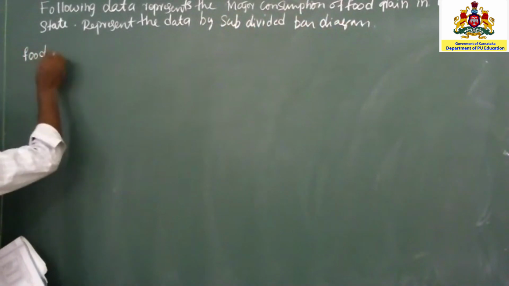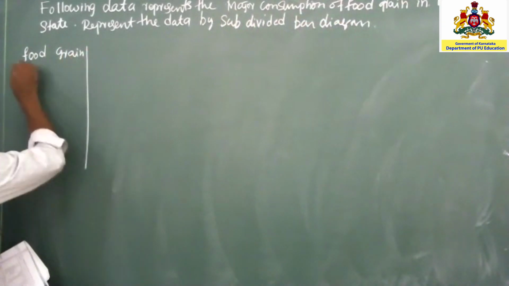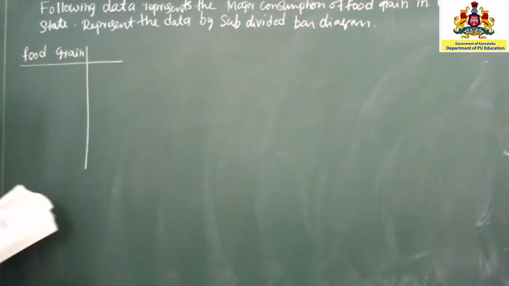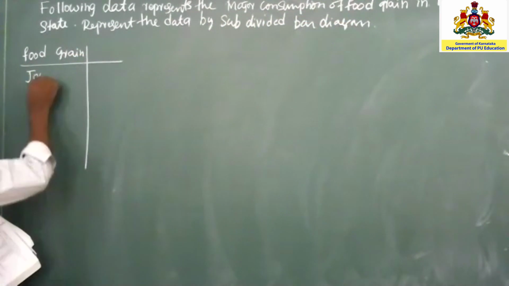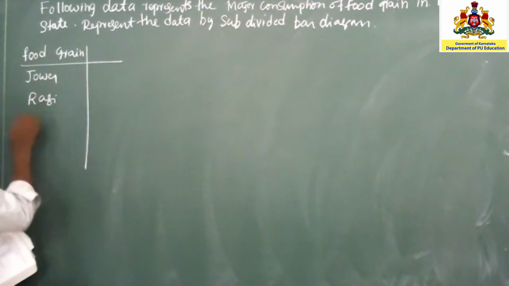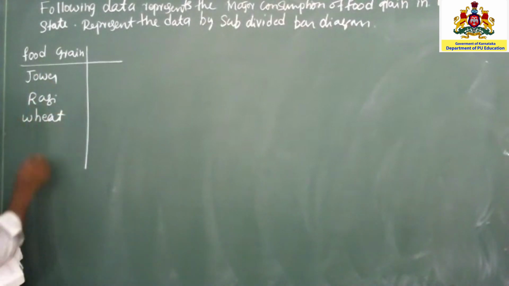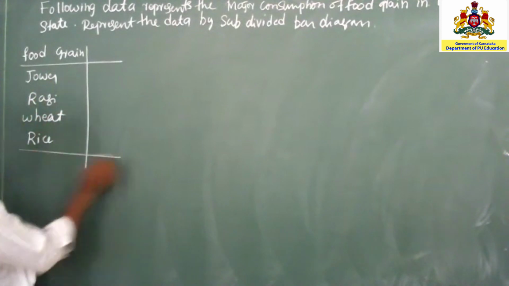So the given data is: here the food grain is given. First one is Jowar, Ragi, wheat, rice, and total.